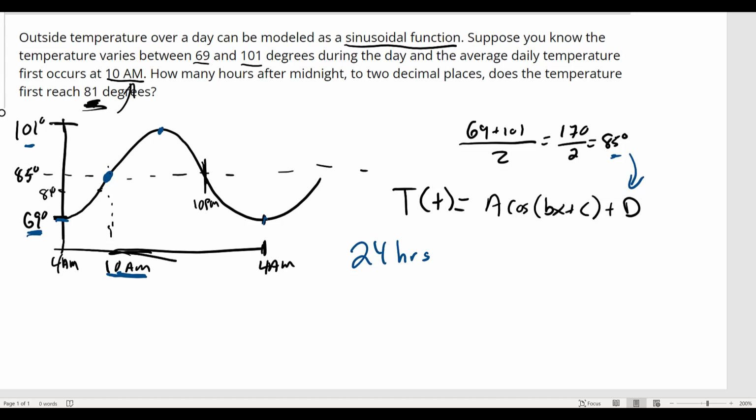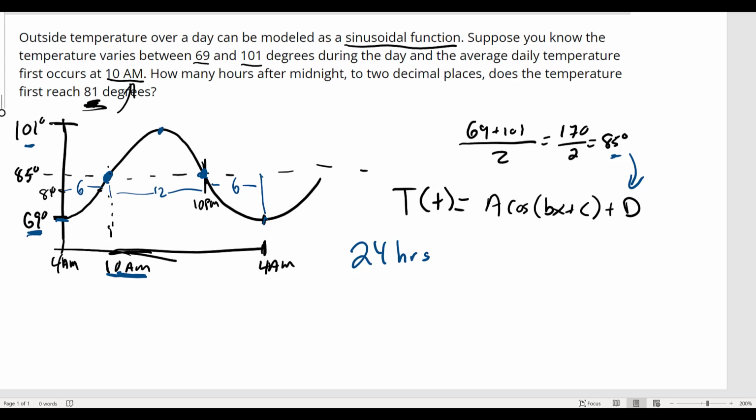Now, just to think about a day, which is 24 hours, if it hits that mid temperature at 10 a.m., then 12 hours later it's going to hit it at 10 p.m. And that leaves the 12 hours of the day, a 24-hour cycle we're talking about here, so 24-hour period. So this must be 6 hours, and this must be 6 hours.